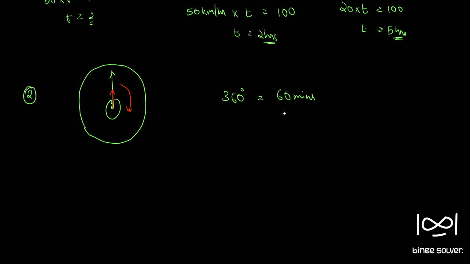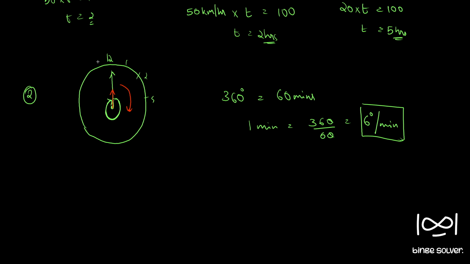Or we can say in 1 minute it travels 360 by 60, or 6 degrees. 6 degrees per minute is the speed of the minute hand. Similarly, the hour hand travels the same 360 degrees in 12 hours. So it is 12, 1, 2, 3.